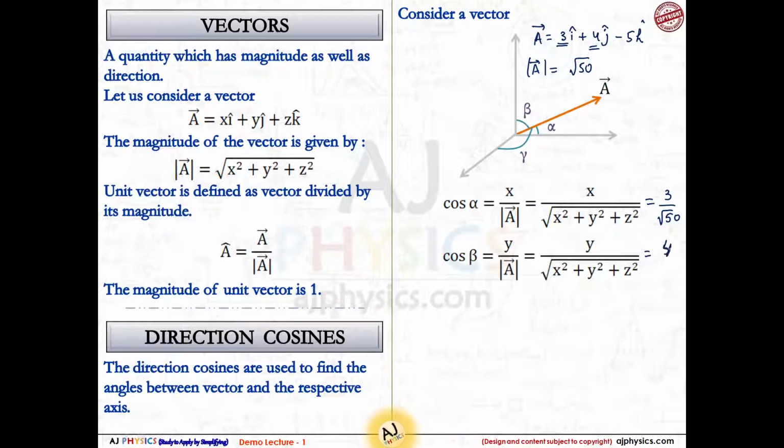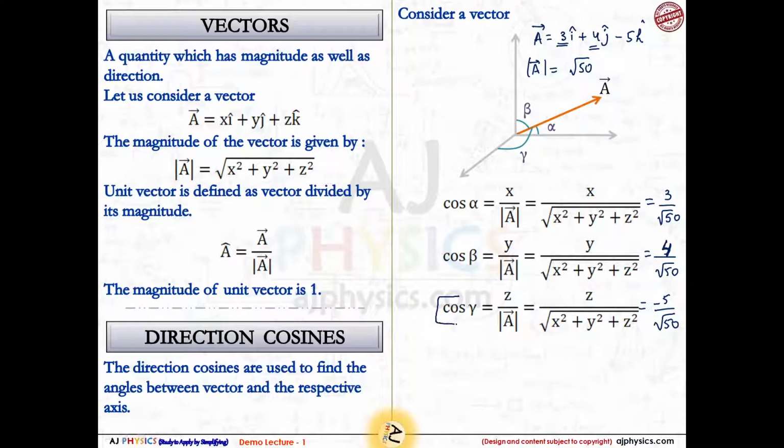This is 4 divided by root 50, and in the z axis the angle made will be minus 5 by root 50. The angles could not be negative, but we have this value of cos is negative because cos lies from -1 to +1. This is the range in which the values of cosine vary.